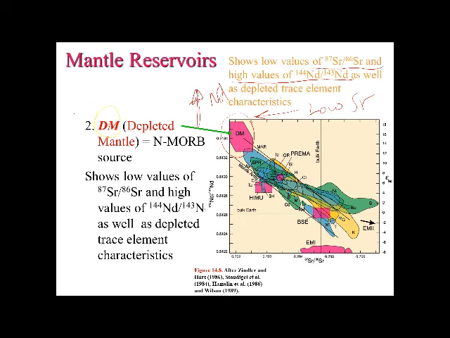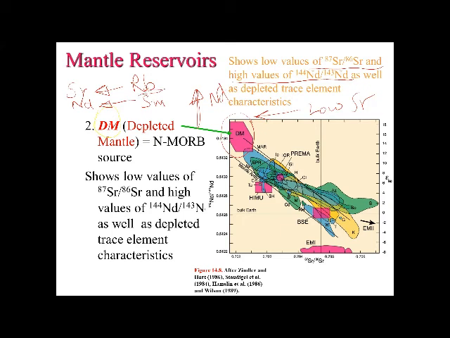What is the parent isotope for strontium and neodymium? Neodymium is produced by what? Samarium, right? Strontium is produced by what? Rubidium, right? So the behavior of rubidium and samarium are opposite. Did you understand that?